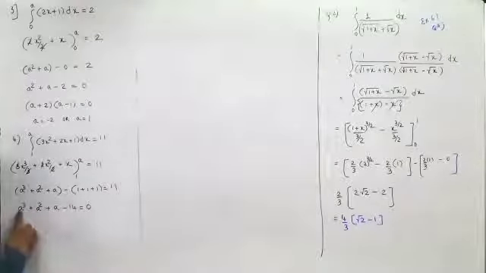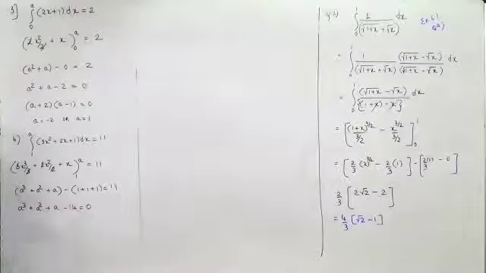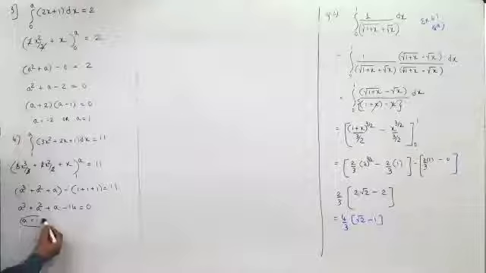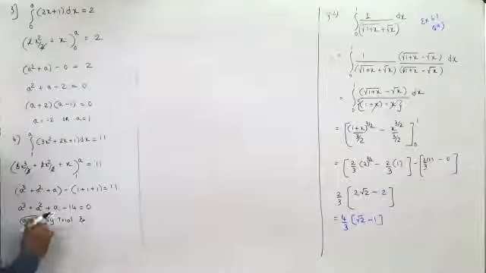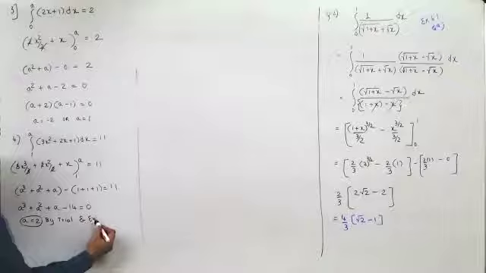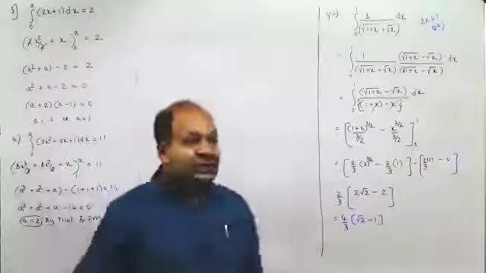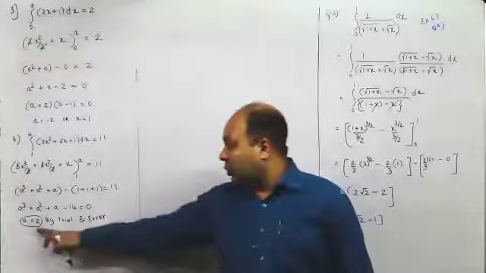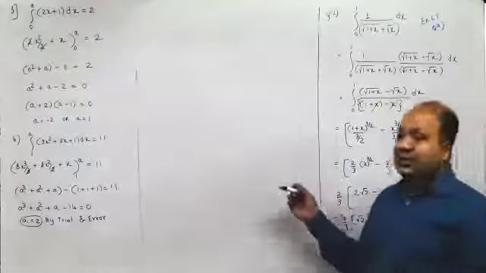Now, here if you observe, 2 cube is 8, 8 plus 4 is 12, 12 plus 2 is 14, 14 minus 14 is 0. So a equal to 2 is the first root by trial and error. Once I get the first root, I'll find the other roots by dividing this polynomial by a minus 2, or I'll use synthetic division.